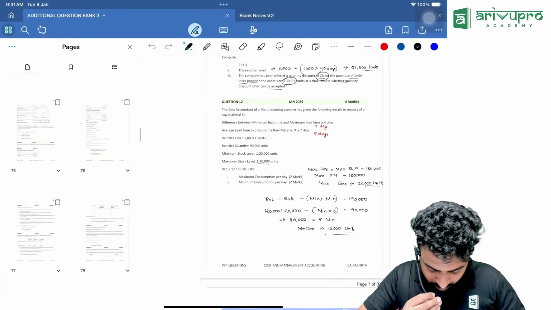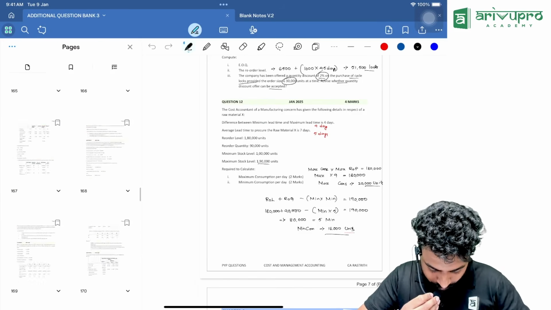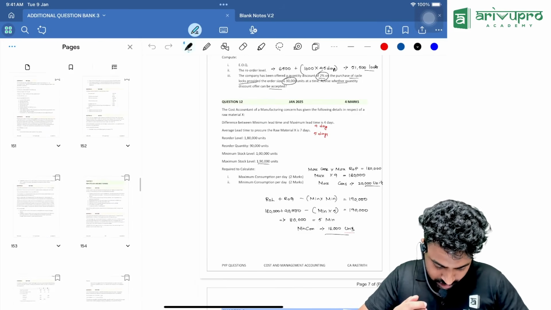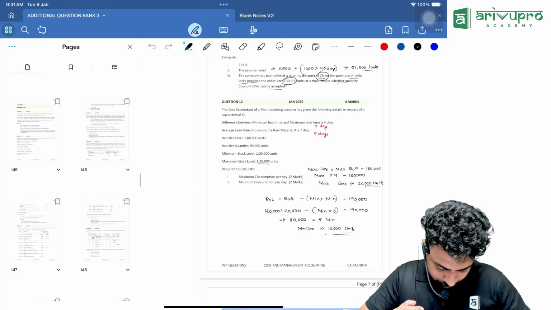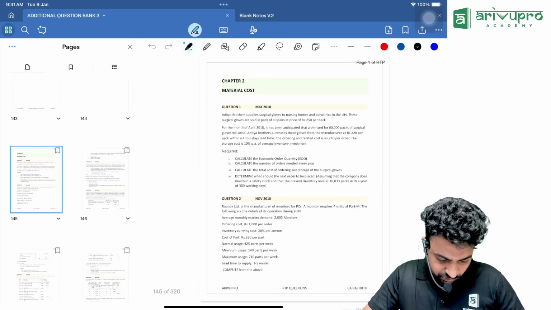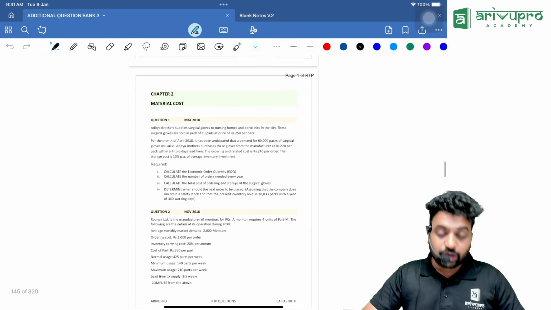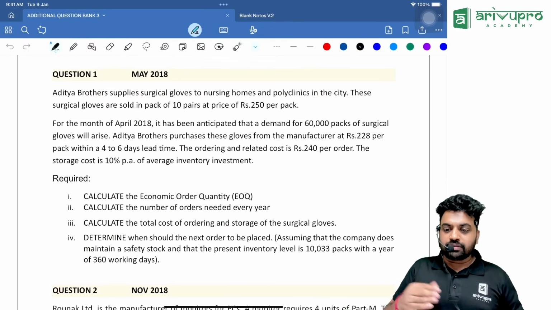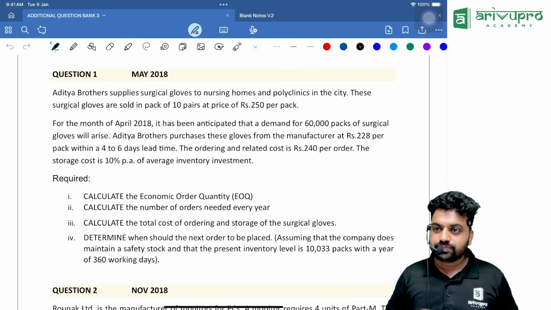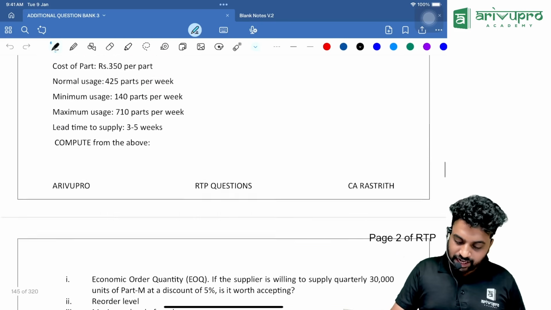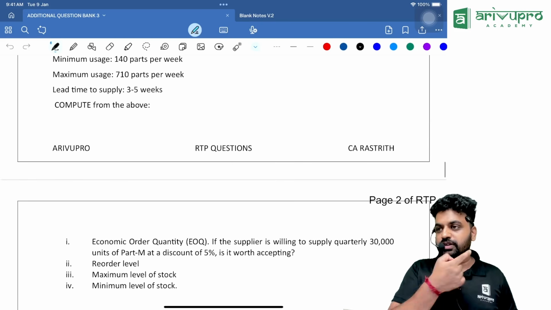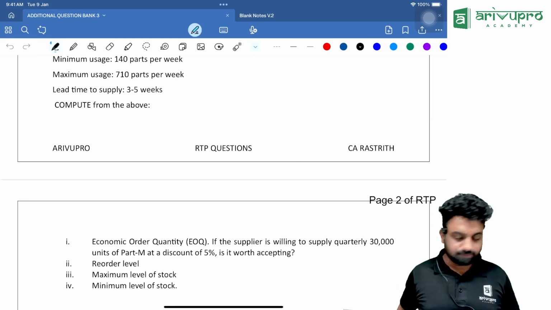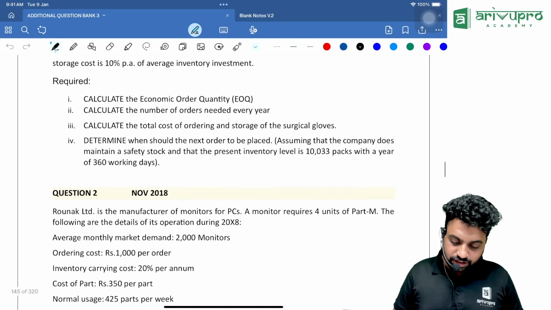It's there on page number 144. RTP is on page 145 of your PDF. If you are using your books, then open somewhere in the middle. If you find RTP there, you are in the RTP section. If you find PYP questions there, you are in the PYP section. Also, you can differentiate it using colors.